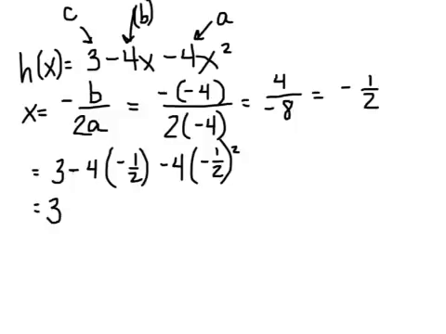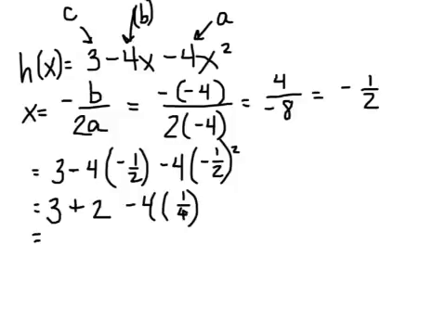But negative 4 times negative 1/2 would be a positive, and then 4 times 1/2 is 2. Again, for this, we need to do the exponents first. So I would have negative 4 times 1/4. And how I got 1/4 is I took negative 1/2 times negative 1/2. 2 negatives make it a positive, and 1/2 times 1/2 is 1/4.